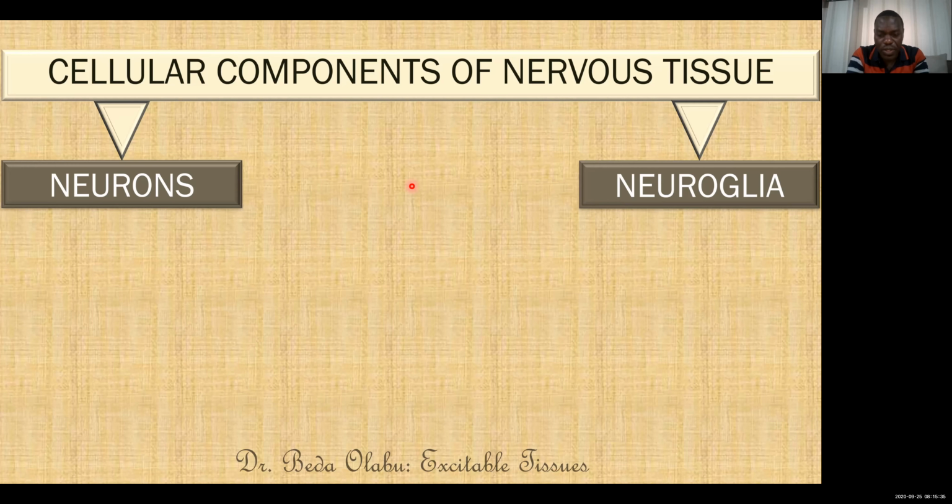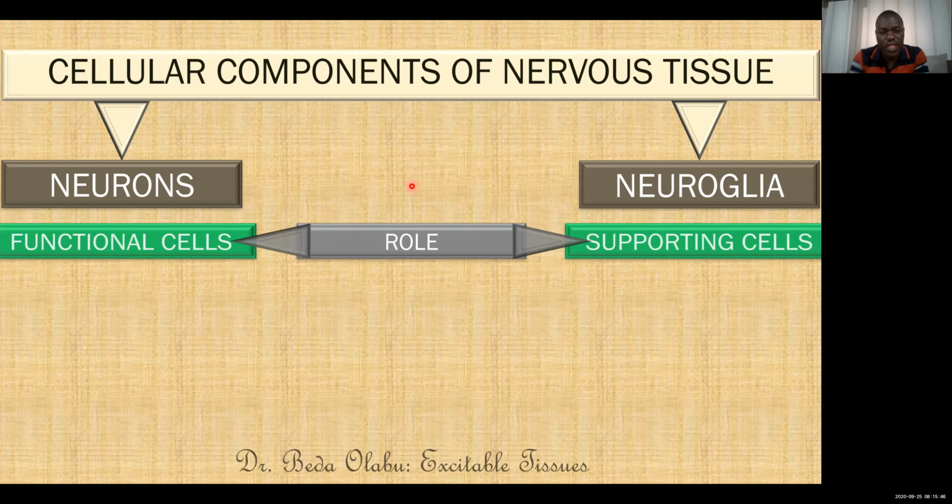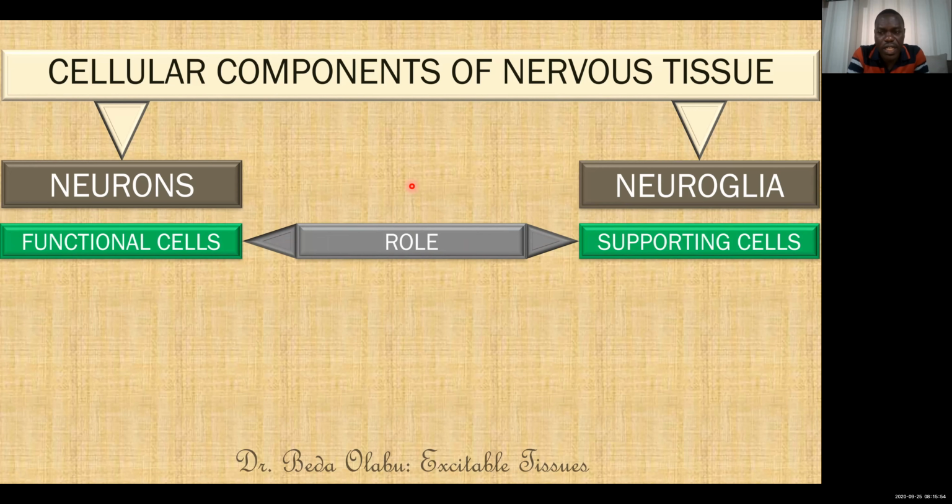These are the 2 cellular components of nervous tissue, neurons and neuroglial cells. Neurons are considered the functional cells of the nervous tissue. On the other hand, the neuroglial cells are considered the supporting cells of the nervous tissue.